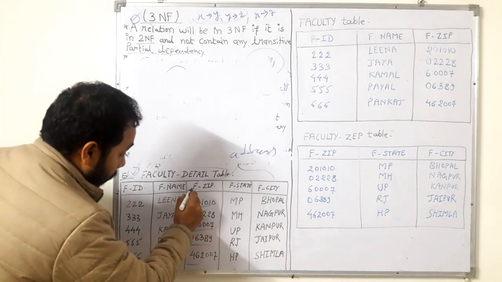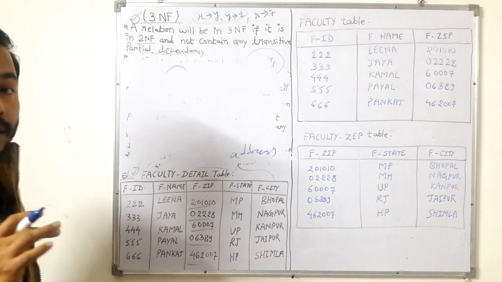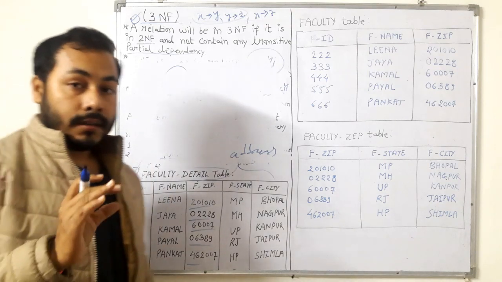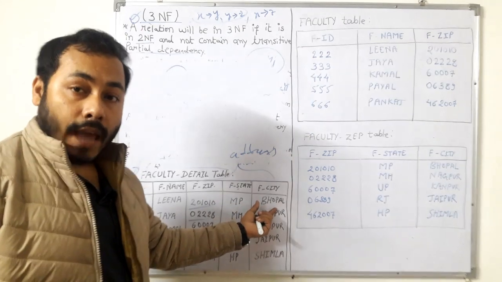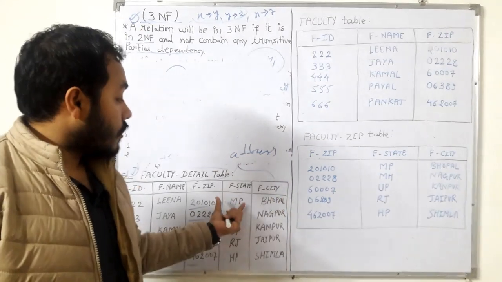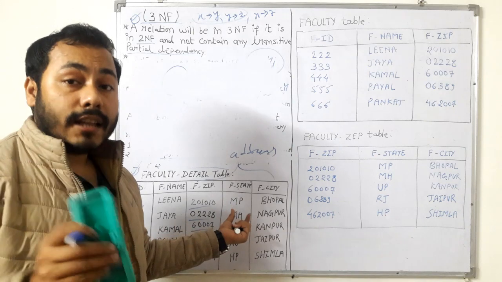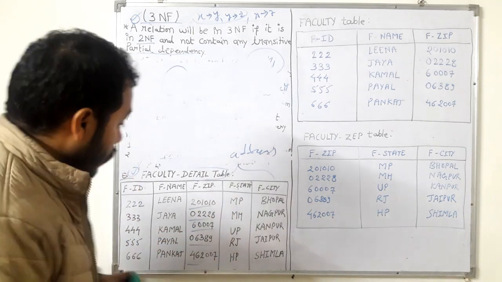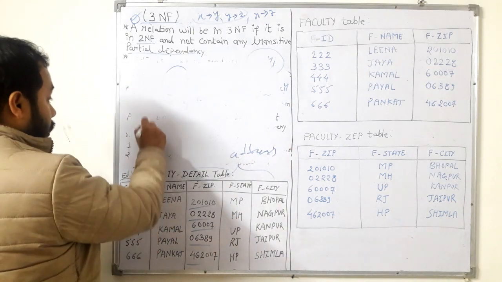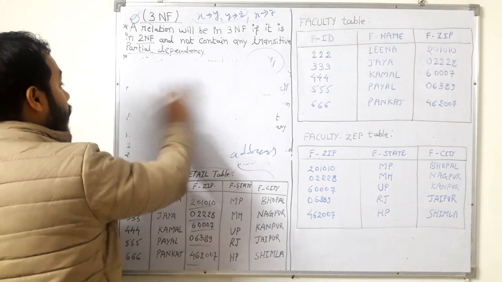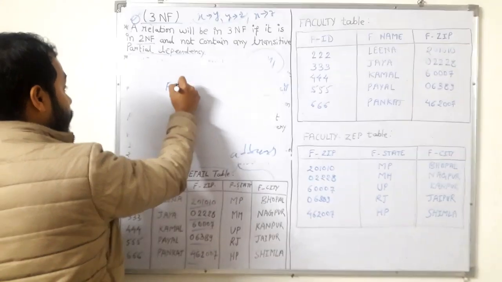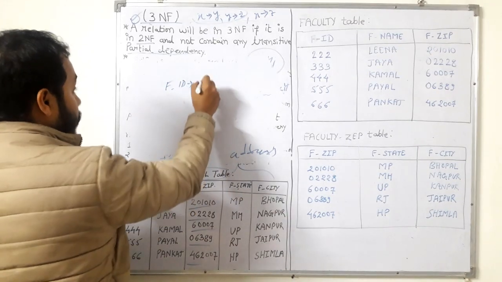See, what happens if you know FZIP? If you have the pin code, then you can directly find out the city name, and if you find the city name you will get the state name also, isn't it? So I can say that, let me write here, FID is deriving FZIP.